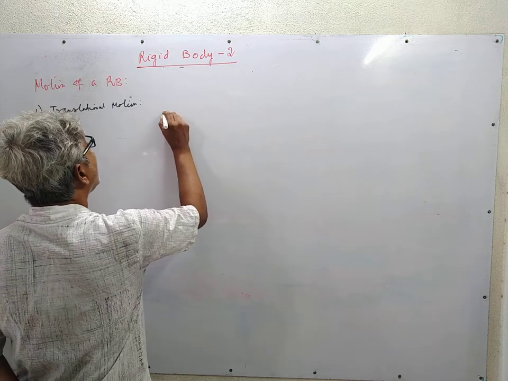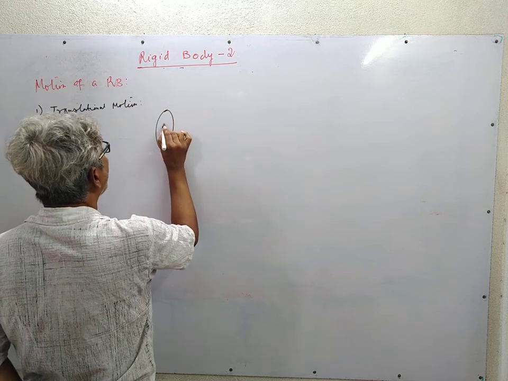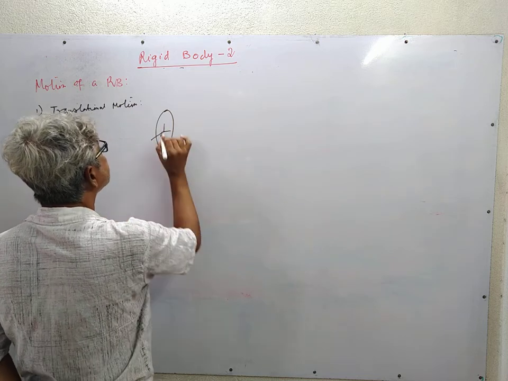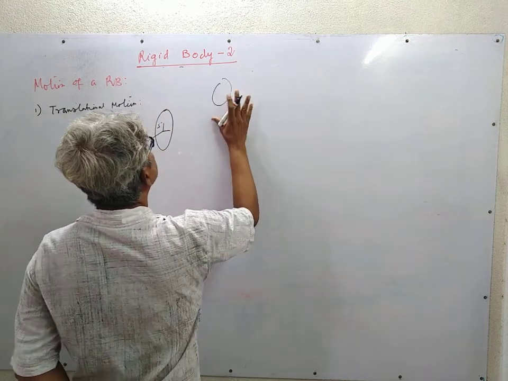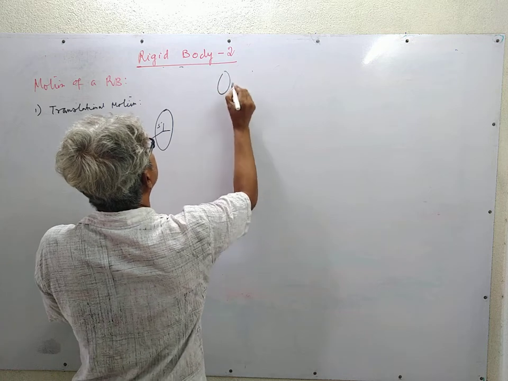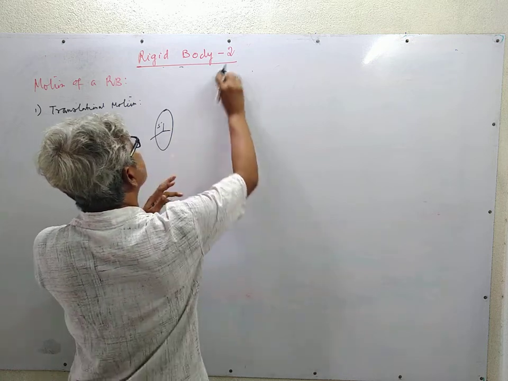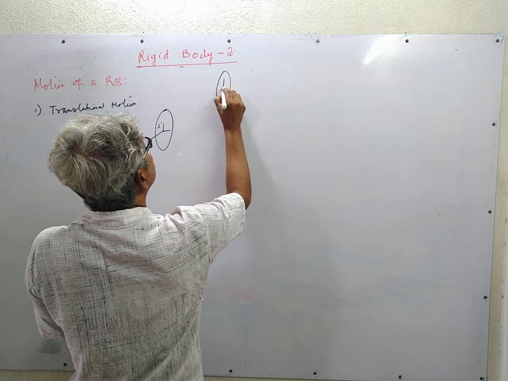So if we have a rigid body over here, say we have a body fixed frame like this. This is the body fixed frame. After some time, this same body moves to some other position without changing its shape and size, as the body is a rigid one.